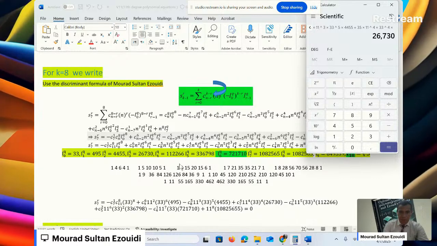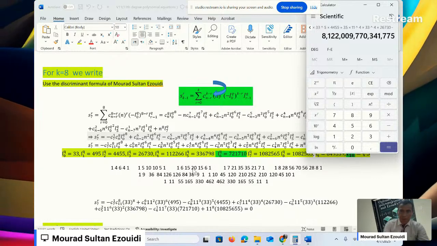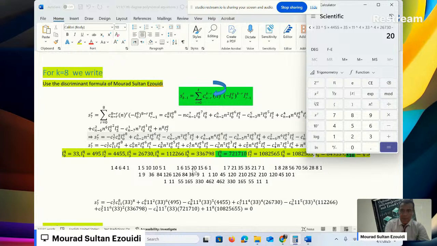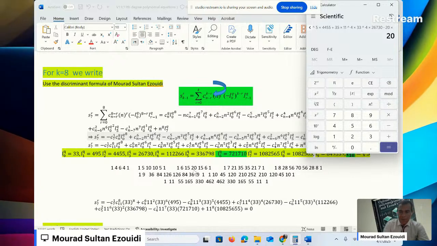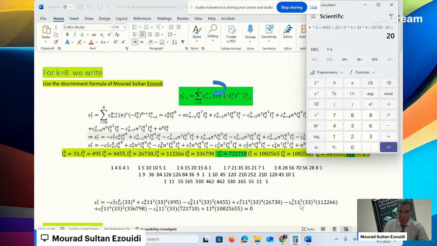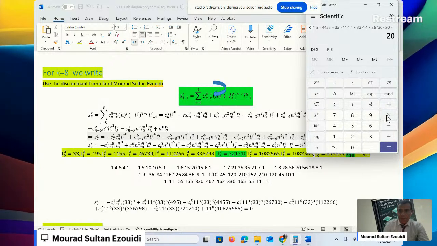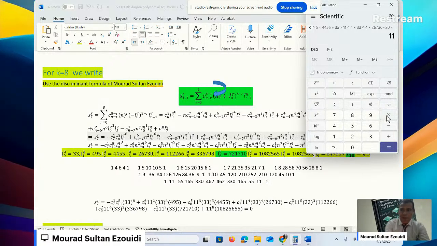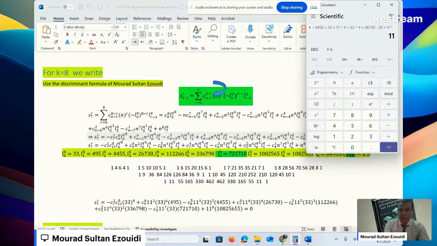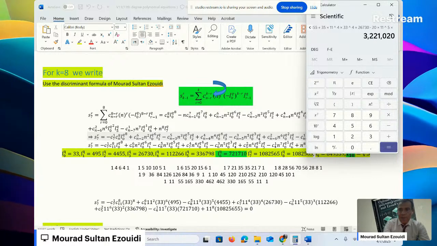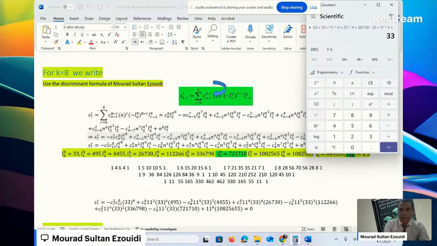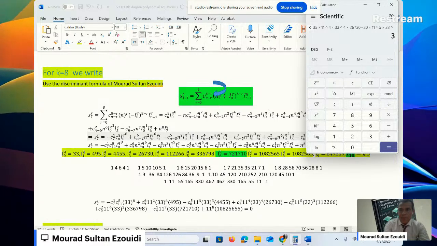Okay. Minus 60. 150. Minus 20. Multiply by 11 raised to the power 5. Multiply by 33 cubic. Yes.